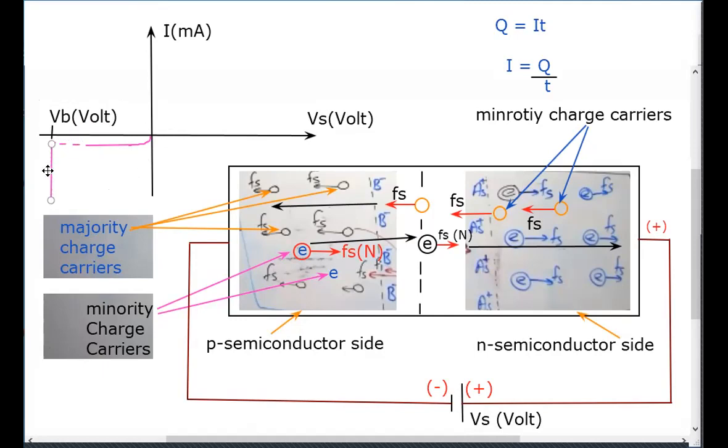Is everything clear, Lamai? Yes, sir. Right. Draw this graph, dear. In the exam, they will ask you to draw this graph, and you have to explain this VB voltage also.